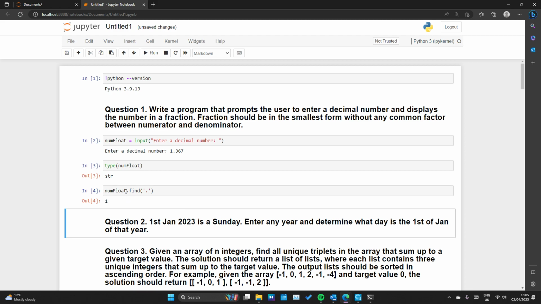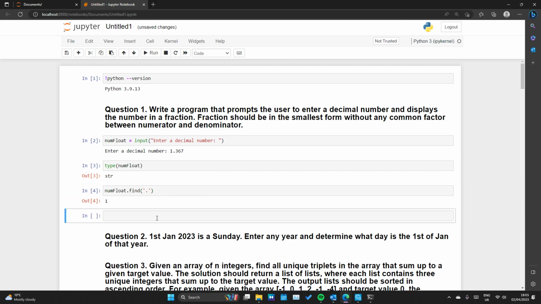So we have got this index now, which is 1. We can also use it to split at the decimal point. So we could do something like num float dot split, and we use that decimal point to split the number.